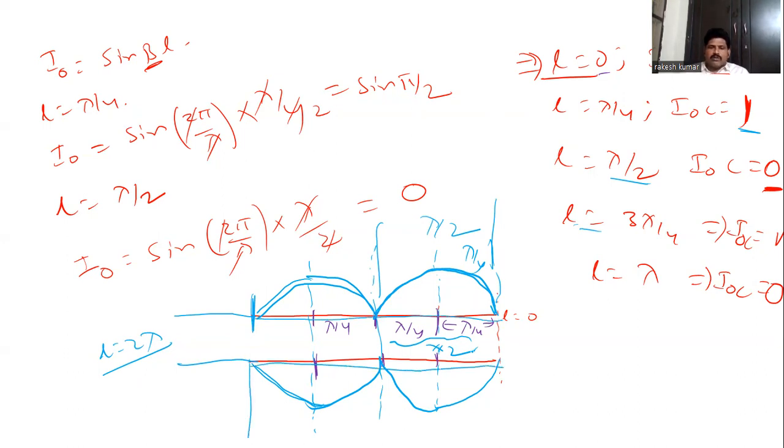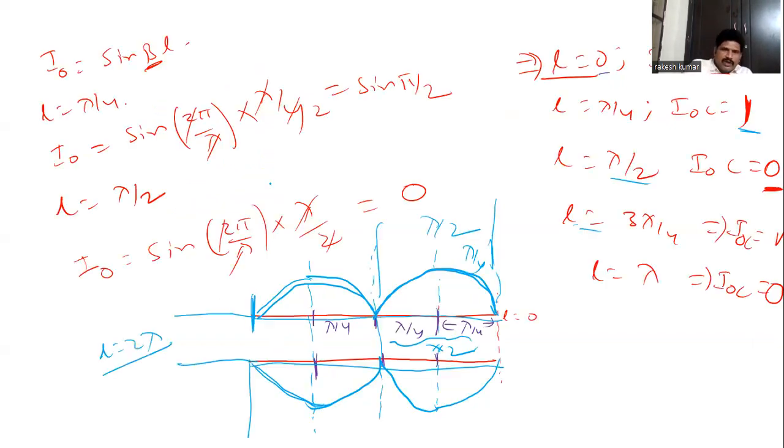Okay, so for L is equal to 2 lambda, how will my waveform be? Simply like this. I am bending like this. So this is L is equal to lambda. How is my radiation pattern? So this is up to lambda. From here to here it is lambda. From here to here it is lambda.